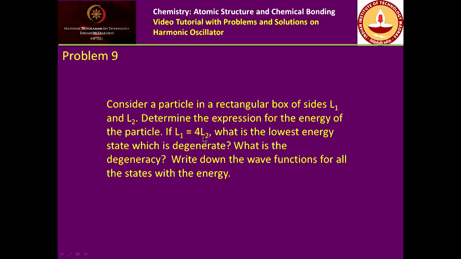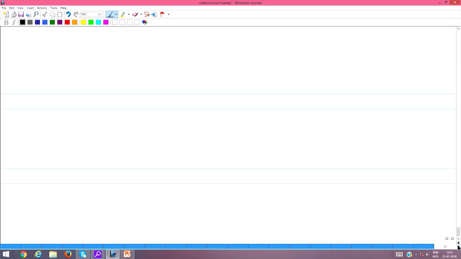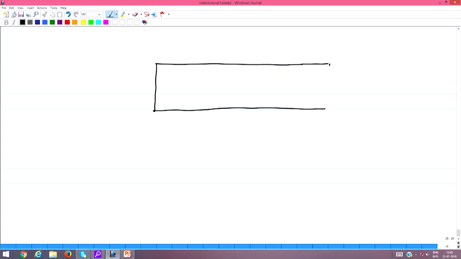A square box is one in which L1 is equal to L2, and everything else is rectangular or any other shape. So, if this is L1, and this is about this much, that is L2. L1 is 4 L2, therefore, this is L1 and this is L2.